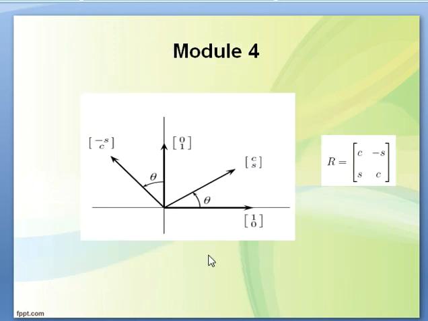So (1, 0) has given c, s and (0, 1) has given minus s, c. Now our rotation matrix is represented by Q, sometimes we write R also, but we are using the Q notation throughout.